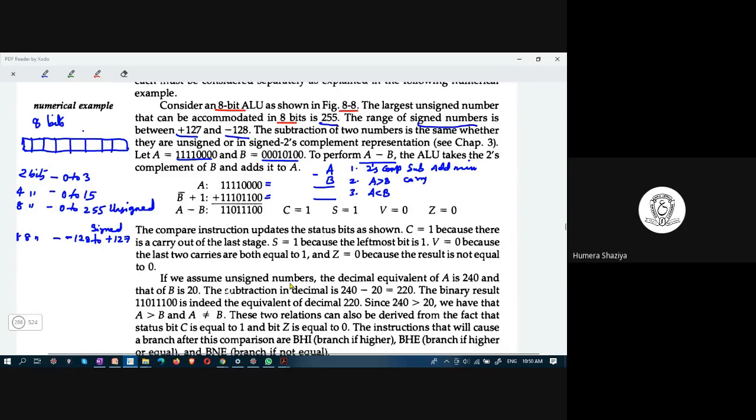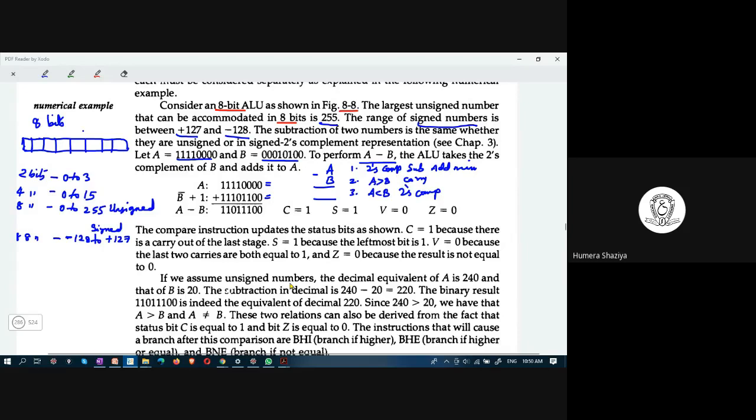If the result is negative, you have to take 2's complement to find the actual result. There are three steps. First step is take 2's complement of subtrahend and add to minuend. In case A value, the upper value, is greater than the lower value, there is a carry generated.